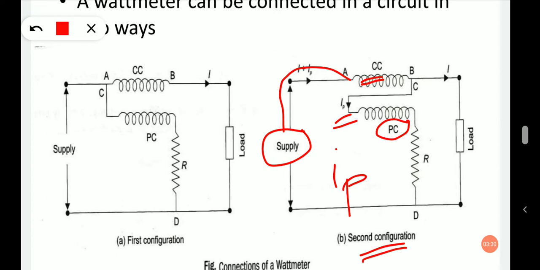In this configuration, the wattmeter measures the power loss in the pressure coil as well as the power across the load. This method of connection is preferred when the load current is large, which results in a smaller pressure coil current compared to the load current. Due to this, the power loss in the pressure coil will be very small, resulting in a small error.